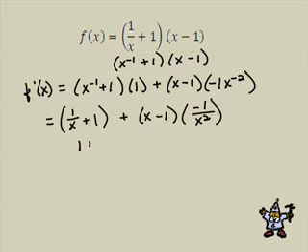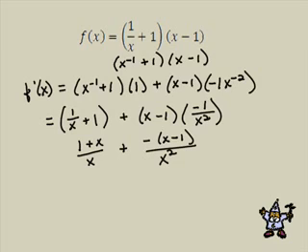So I get 1 plus x over x. You know, pause this if you need to and work that out. Plus a negative. And then the x minus 1 is going to go in the numerator, and x squared is going to go in the denominator.